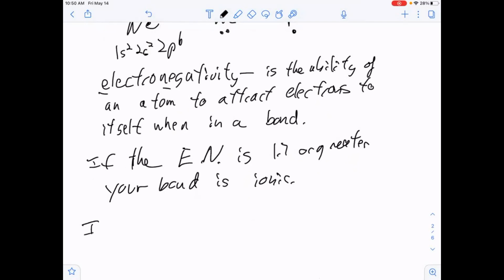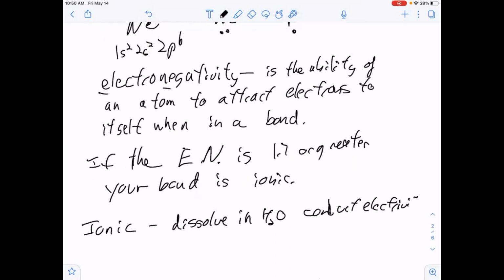So for example, ionics dissolve in water and conduct electricity. Covalent don't dissolve in water and don't conduct electricity.